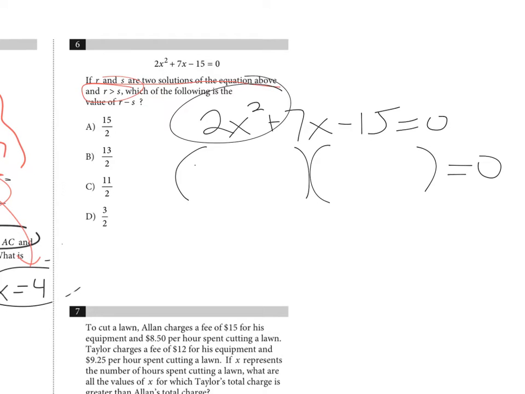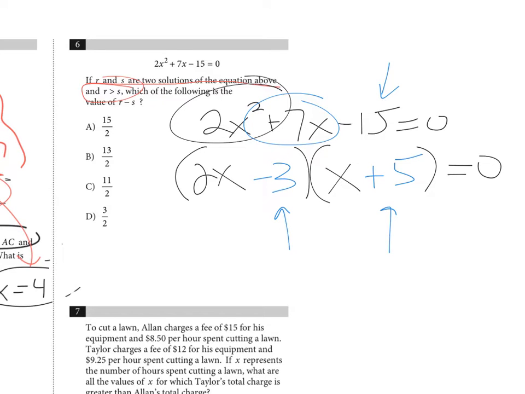Here, since I have 2x squared, I'm going to put 2x and x. And here I'm going to look for factors of negative 15 that when I put in these spots can combine to give me a positive 7x. So in this case, I'm going to put a positive 5 with the x, a negative 3 with the 2x, because negative 3 times positive 5 is negative 15.